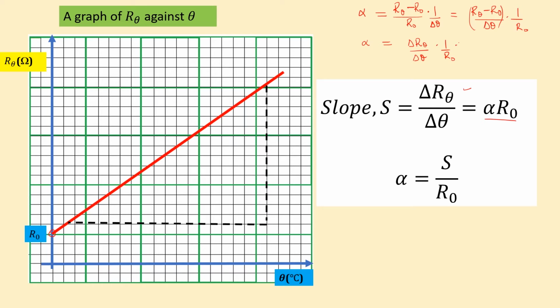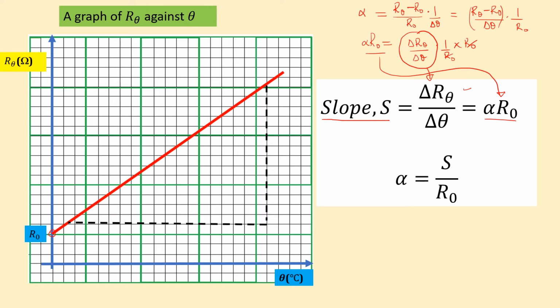That is the slope. Therefore, the slope S is equal to the temperature coefficient of resistance times the resistance at 0 degrees Celsius, R naught.